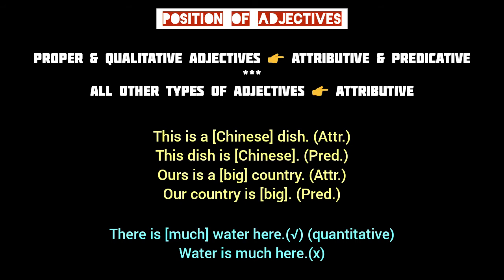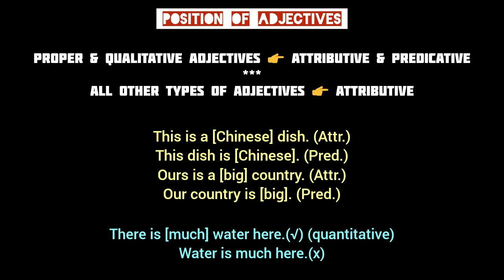But if you look at the sentence, there is much water here. Much is a quantitative adjective modifying the noun water. It's been used attributively before the noun it modifies. But this quantitative adjective much cannot be used predicatively. In the sentence water is much, the predicative use of much after the linking verb is to modify the subject noun water is grammatically incorrect.